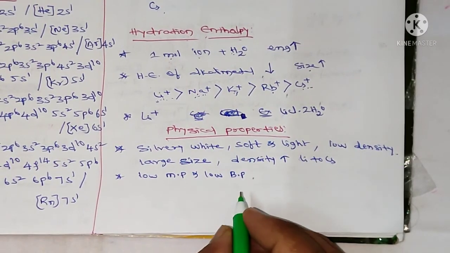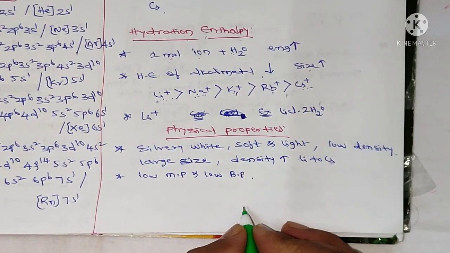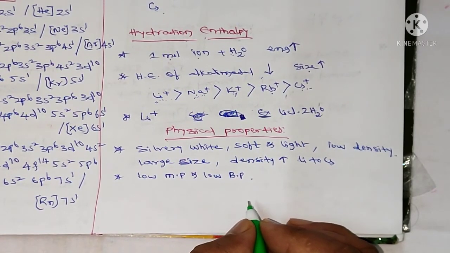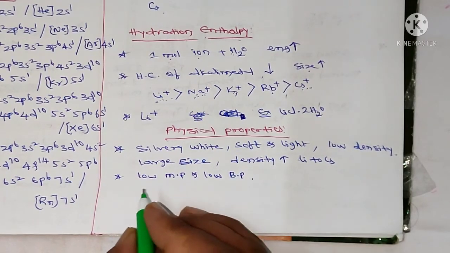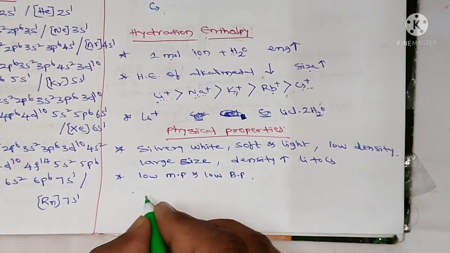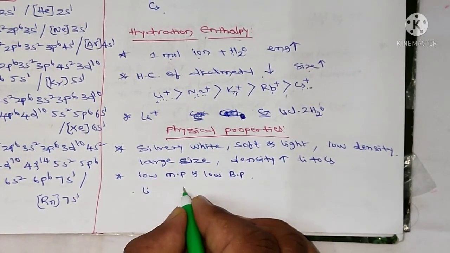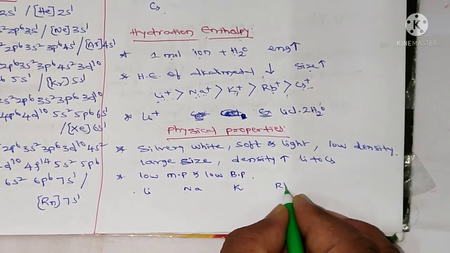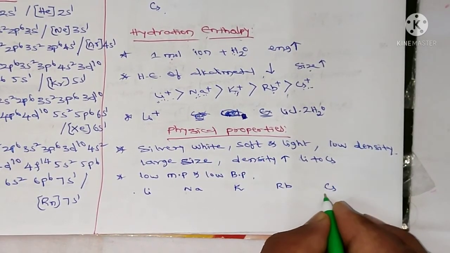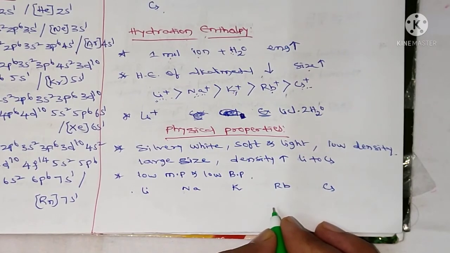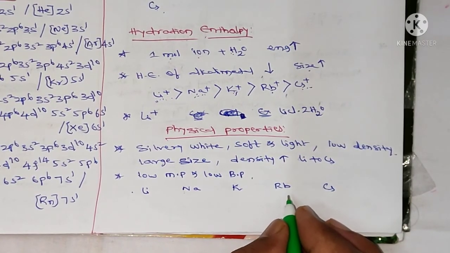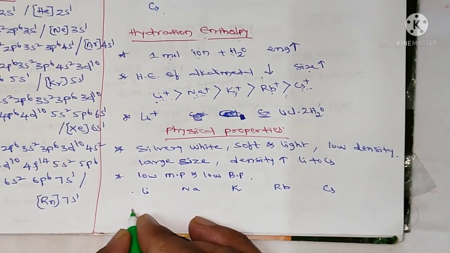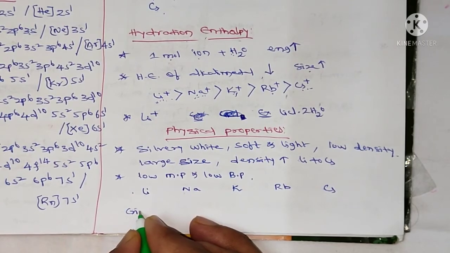The alkali metals and their salts show color when they are exposed to a flame. Here I am taking the metals lithium, sodium, potassium, rubidium and cesium. If lithium is exposed to flame, it shows crimson red color.